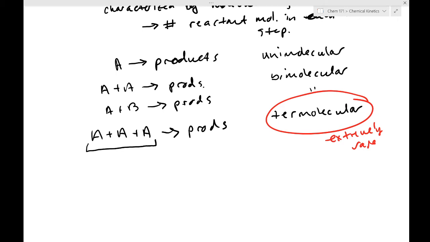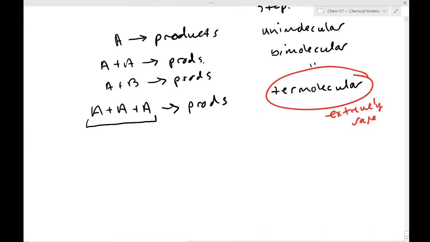When something is extremely rare, from a statistical or kinetics standpoint, it's not going to happen very often. You're not going to have many processes that depend on a termolecular elementary step, simply because statistically it doesn't happen often enough. But every once in a while it does.